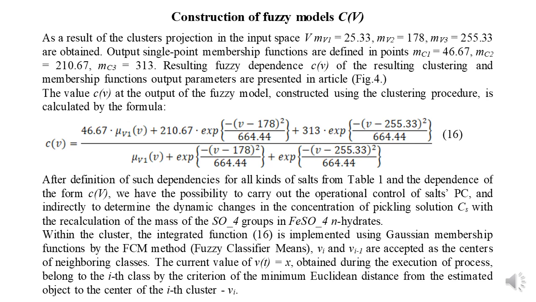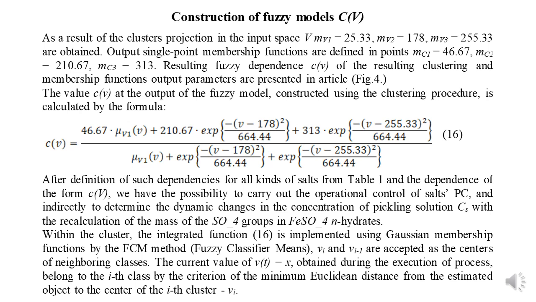After definition of such dependencies for all kinds of cells from table 1 and the dependence of the form CV, we have the possibility to carry out the operational control of the salt's permissible concentration and indirectly to determine the dynamic changes in the concentration of pickling solution C with the recalculation of the mass of SO4 groups in the ferrous SO4 anhydrates.